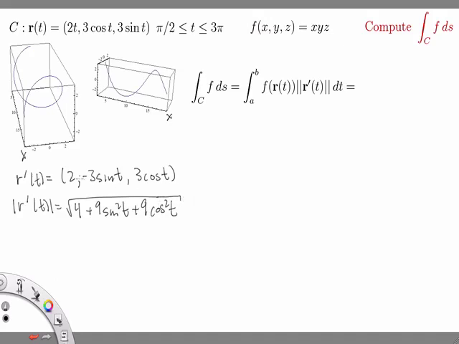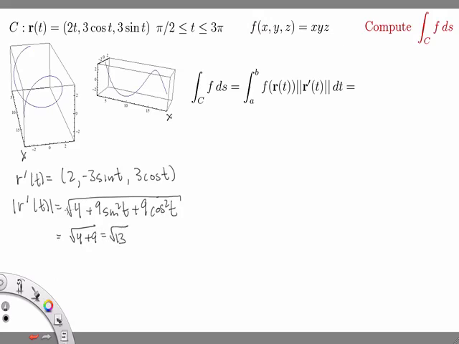Now every helix with this standard parameterization will behave like this, and of course sine squared plus cosine squared is equal to 1.